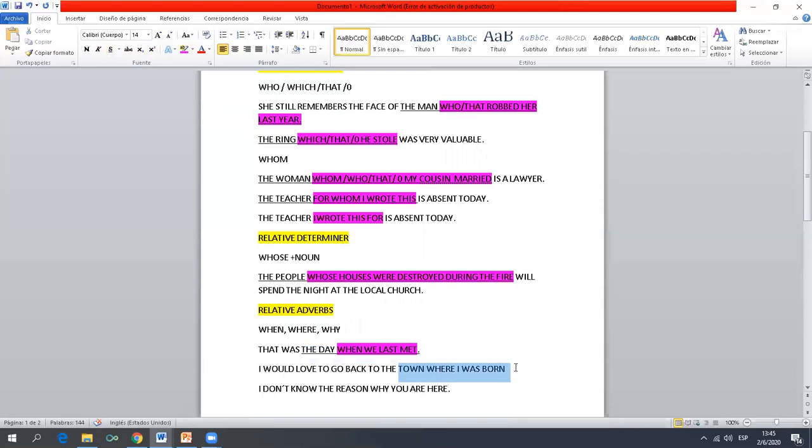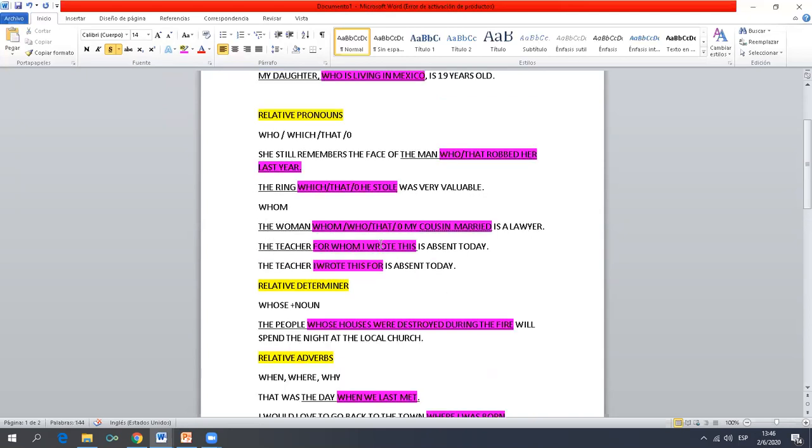Where I was born is the other relative, and why you're here is the other relative. And let's underline the noun phrases where they are included here.